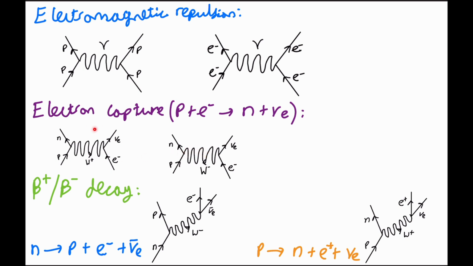So this represents the same thing, but can be represented differently depending on the direction of the W bosons and whether it's plus or minus.